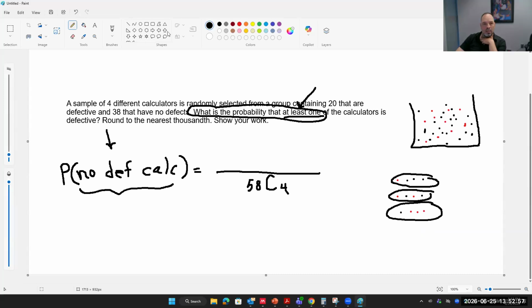Okay, so choose whichever ones of your favorite four. It could be those four, or it could be these four. There's a lot of ways of choosing four, right? Well, this takes care of all of those ways of choosing four.